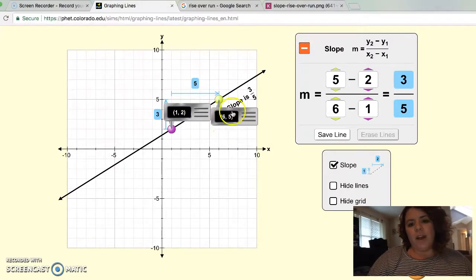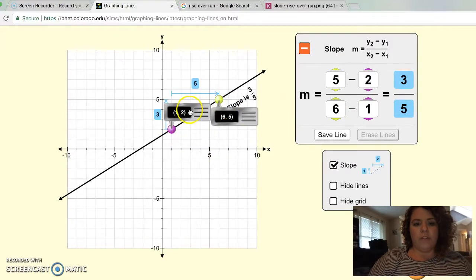So my green dot is at 6, 5, so its x coordinate is 6, its y coordinate is 5. So I would do 5 right here, the y coordinate of one point minus the y coordinate of another. So 5 minus 2. So that's how we got the 3 for our rise.